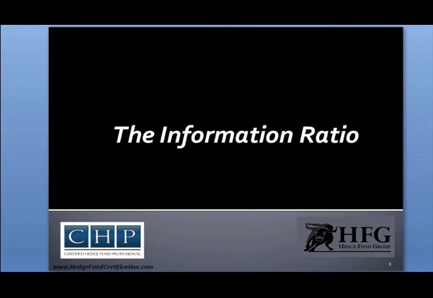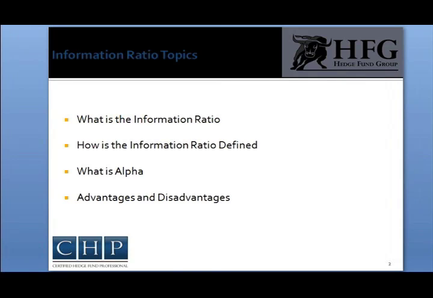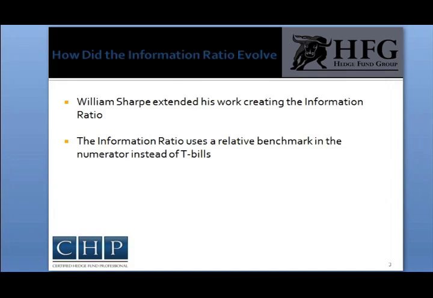In this short video, we will discuss the information ratio, how it is defined, the role of alpha, along with the advantages and disadvantages of using this metric. The information ratio measures the efficiency of a portfolio in terms of its relationship to a benchmark.